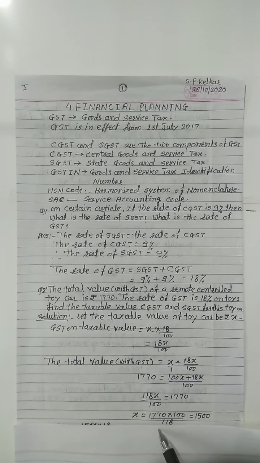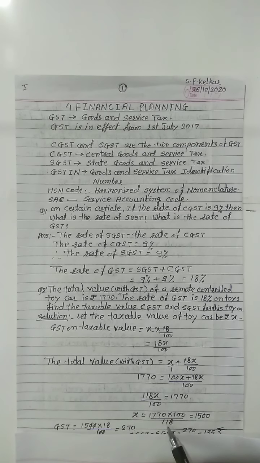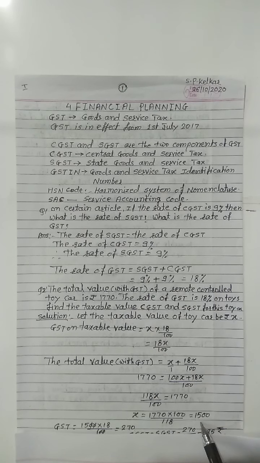Then x equals 1770, this 100 goes to the right side and multiplies with 1770, and this 118 goes to the right side and divides. Then write 1770 into 100 divided by 118 equals 1500. In this way we find the taxable value of the car.